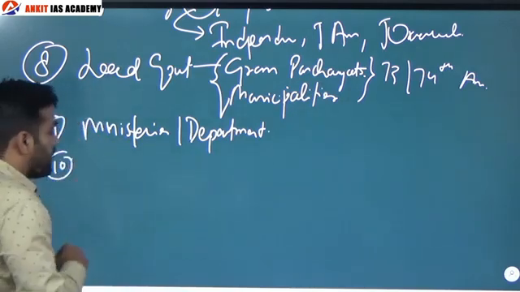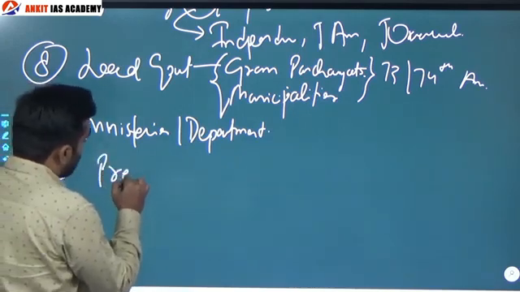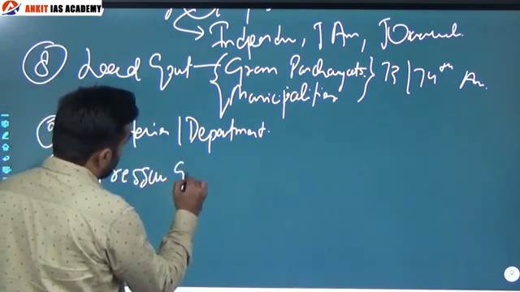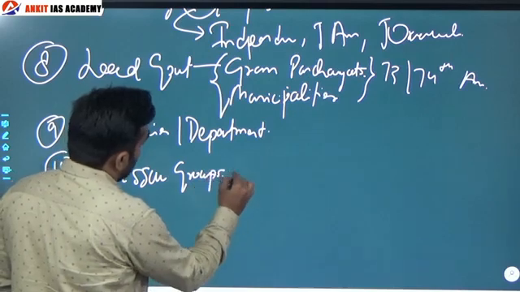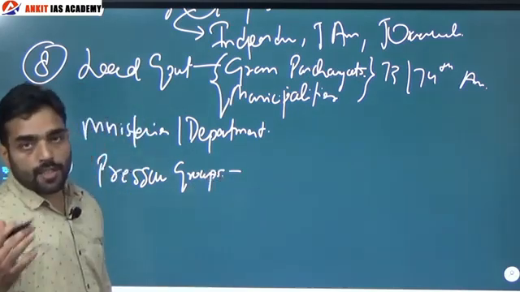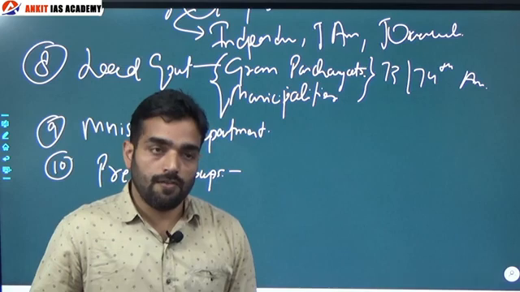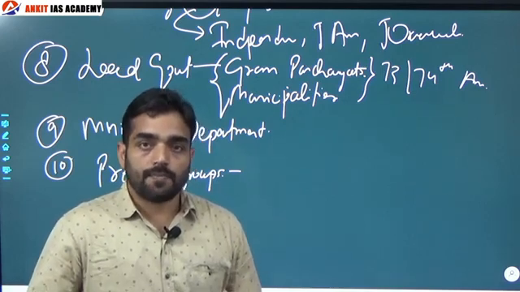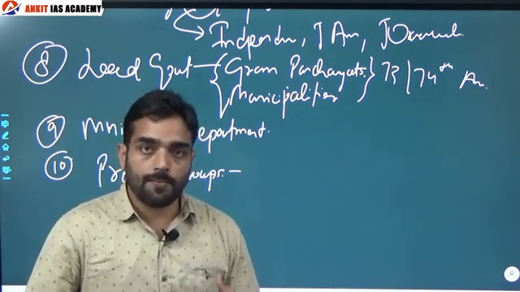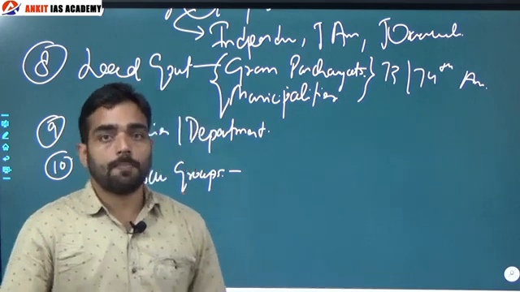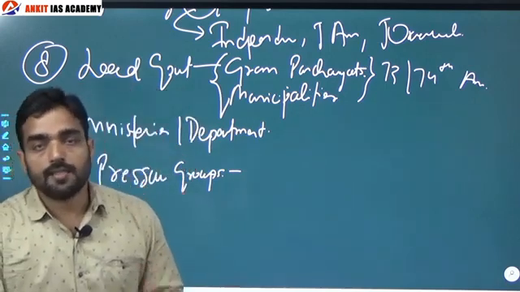And the next part is pressure groups. You will learn about different types of pressure groups, formal, informal. For example, FICCI is a kind of pressure group. That is the pressure group of business organizations. Okay.